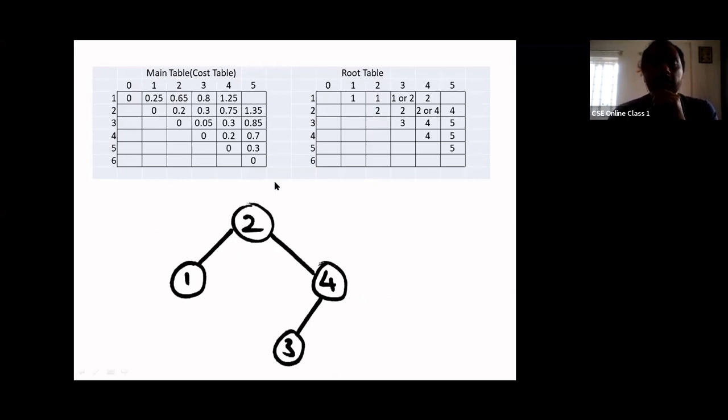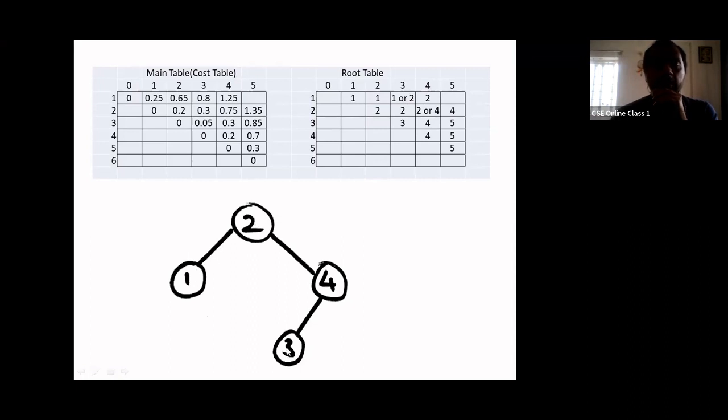Here I have constructed a single tree, that is 1 to 4. I have left 2 to 5 for you to construct. When constructing 1 to 4, key 2 becomes the root of this tree. On the left hand side, we have only one key, so there is not much ambiguity.